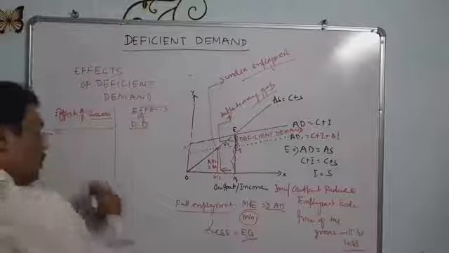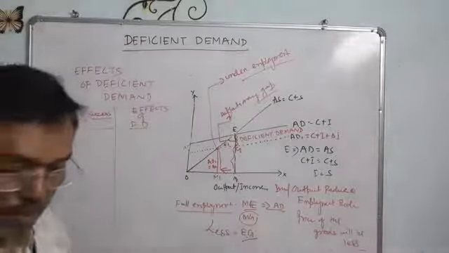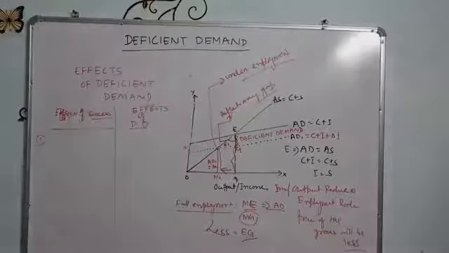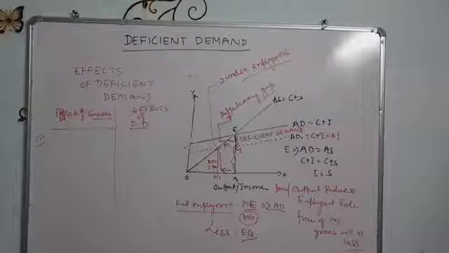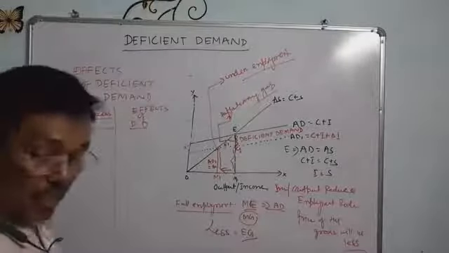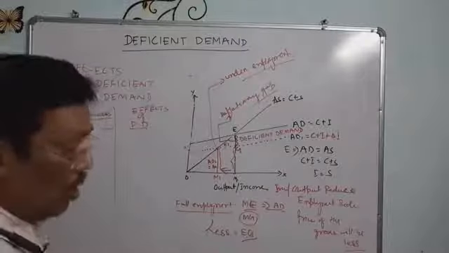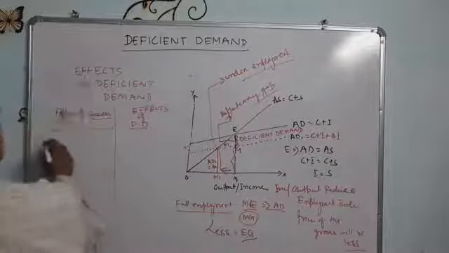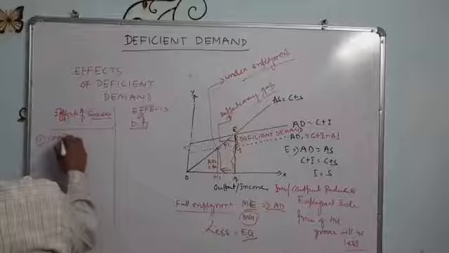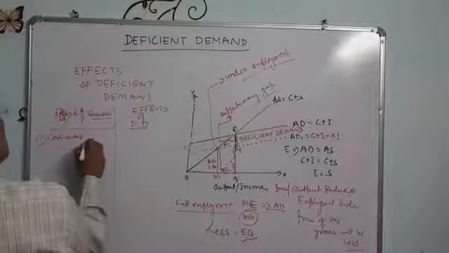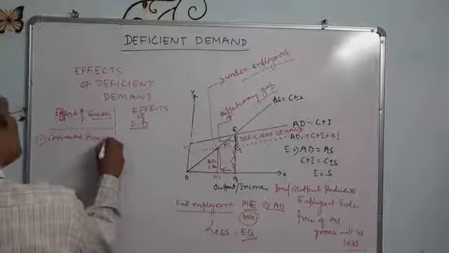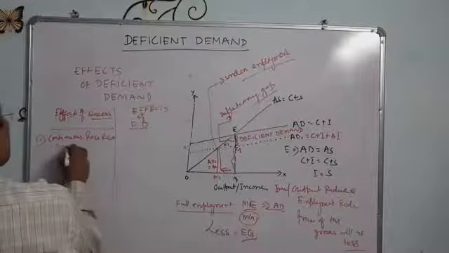We have already known the first effects of excess demand. What are these points? Price rise. It means the continuous or persistent price rise.